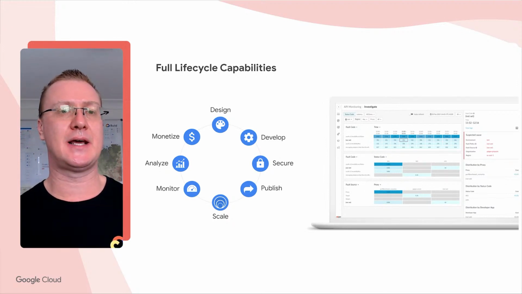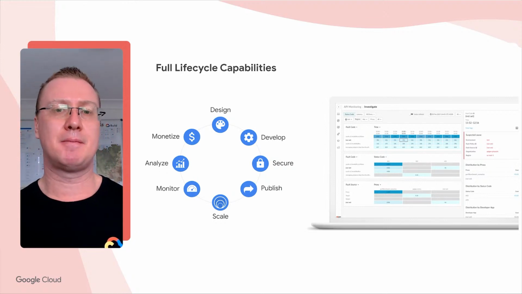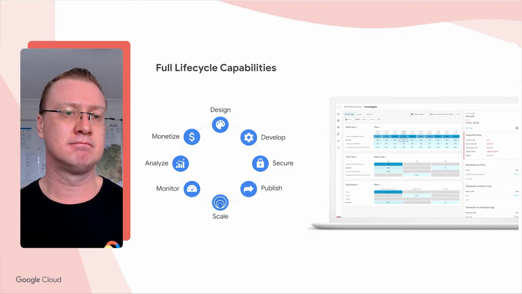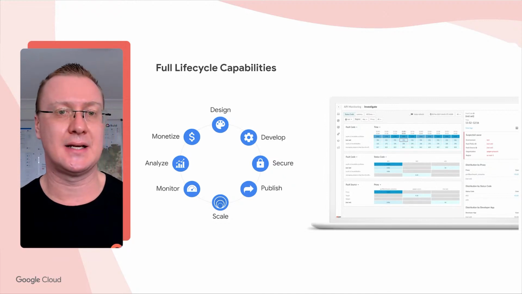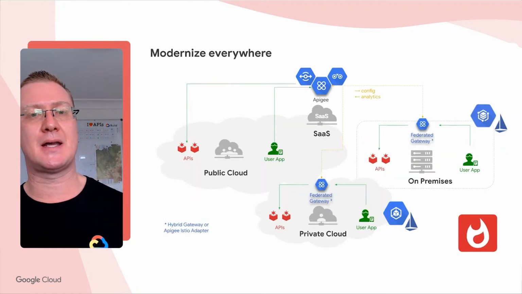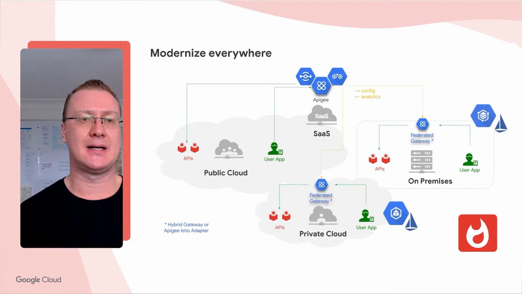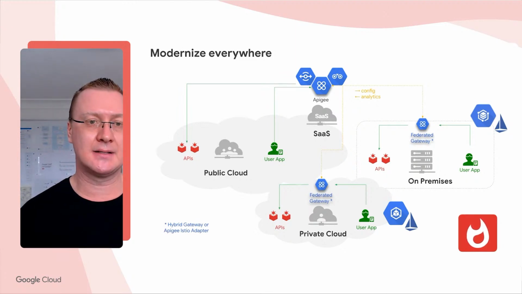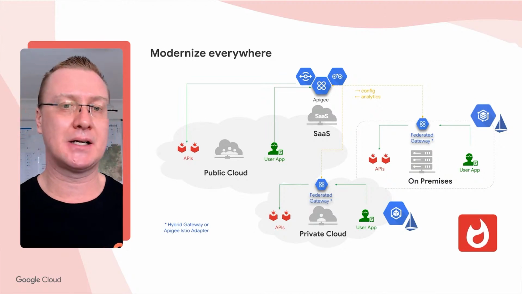So what does the full API management lifecycle capability look like? Essentially, it's got to be a combination, from development aspect all the way through to security, publishing the API, scale, monitoring, analyzing, monetizing, and designing. So as a full circle capability, Apigee is essentially offering all of these things within the same single pane of glass view. Now, it shouldn't have to matter where you run this application and these APIs, whether it's on private cloud, with your federated gateway, whether it's on premises or in the public cloud.